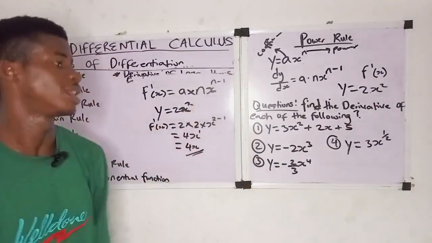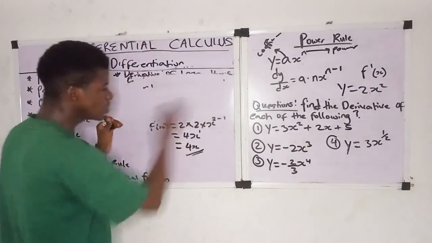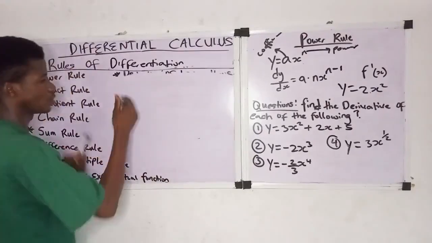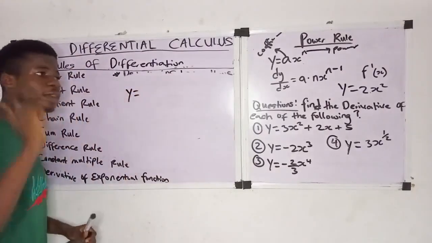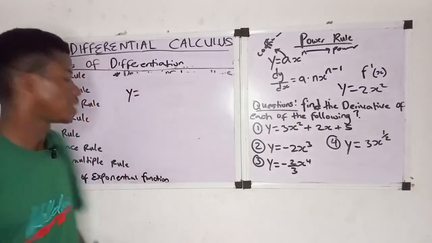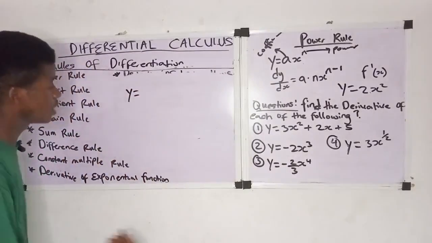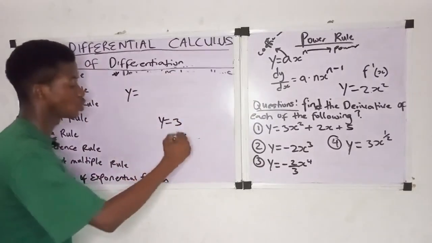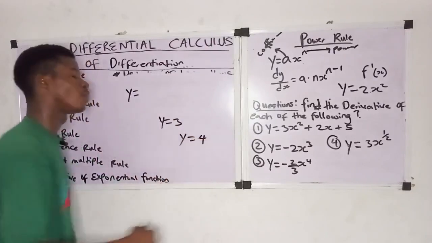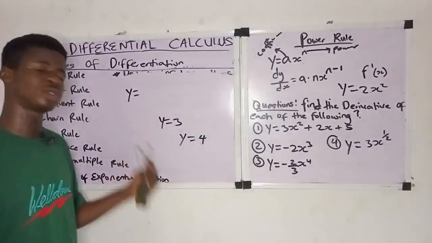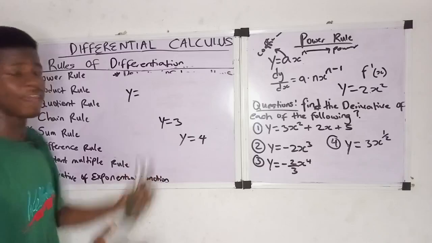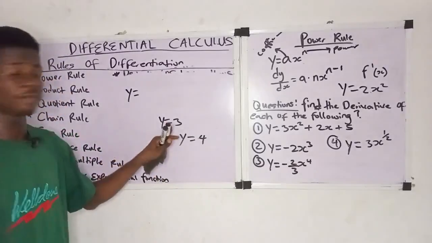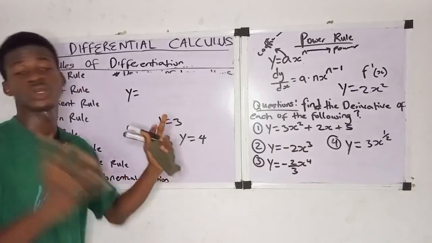Now let's solve other questions. Before I continue, this is very important. If they tell us to find the derivative of y equals 3, for example, or y equals 4, or any value that does not carry a variable, those values are known as constants.